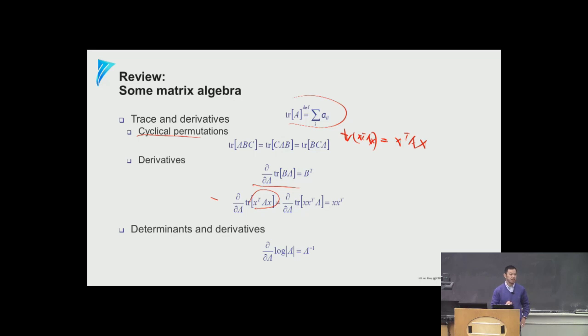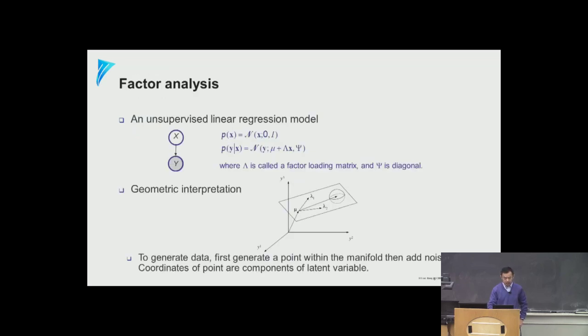Okay, because it's a number. Okay, and we're going to use these facts a lot on the road to derive tricky derivatives. And then the log of the determinant has this following differentiation. Okay, so these are facts.